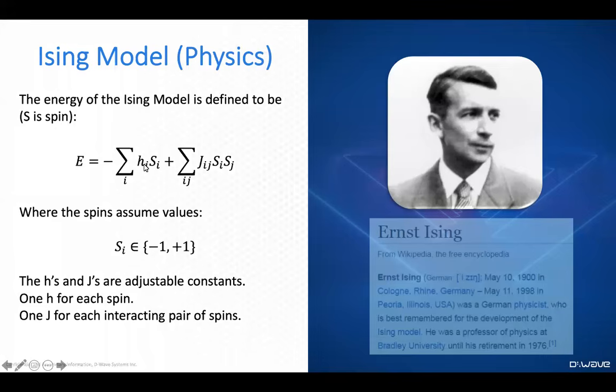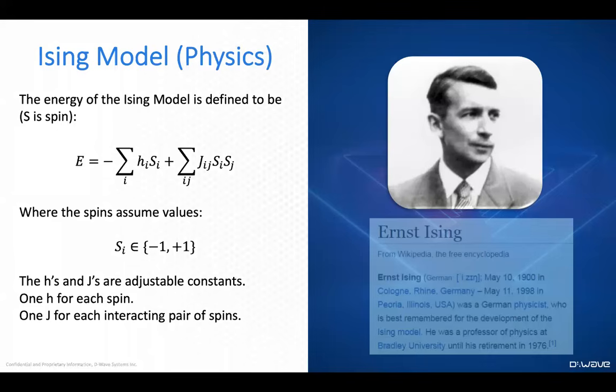There's a linear term that takes the place of sort of a magnetic field that might be on them, or some force. We'll talk about that in a moment. And then the next term, that thing with the s_i and the s_j, those are interactions of pairs, so that each can affect its neighbor. And in the Ising model, the spins are only +1 indicating up and -1 indicating down.